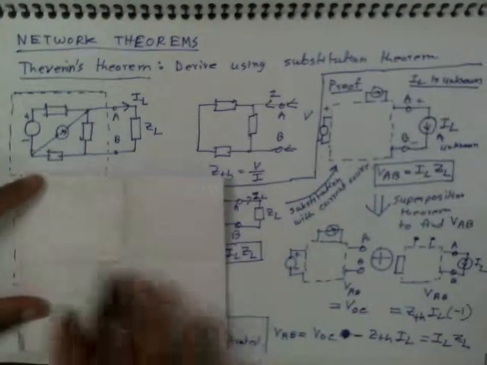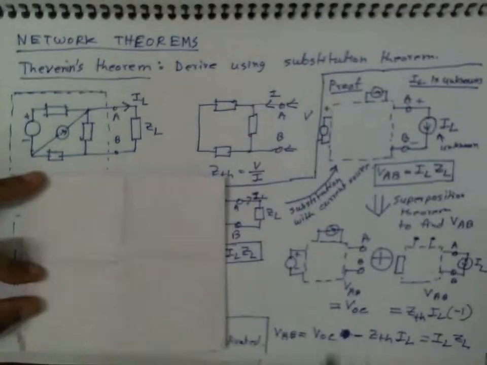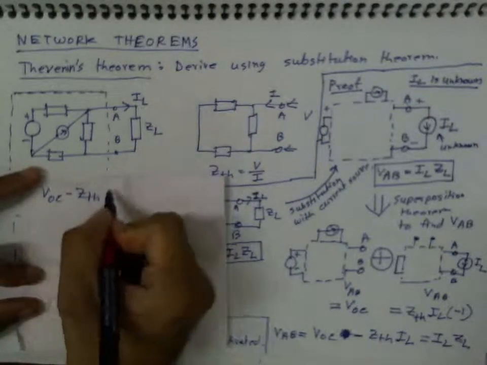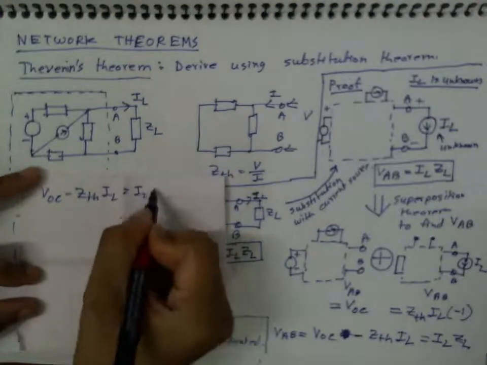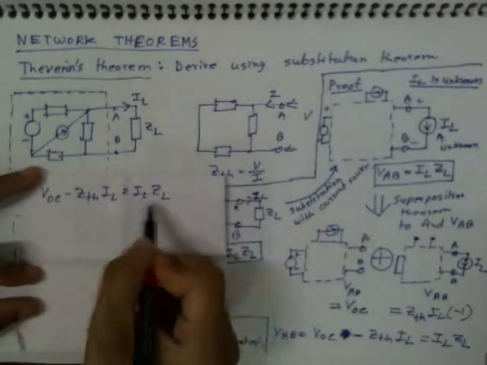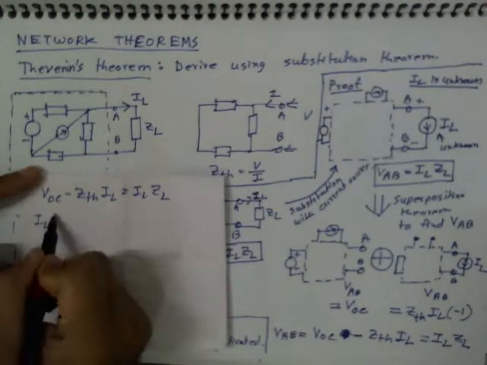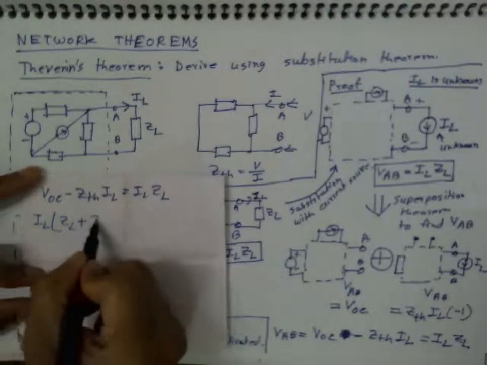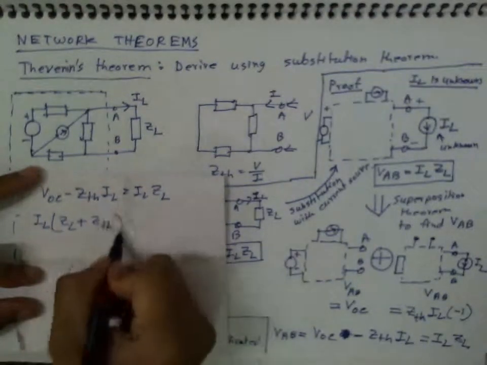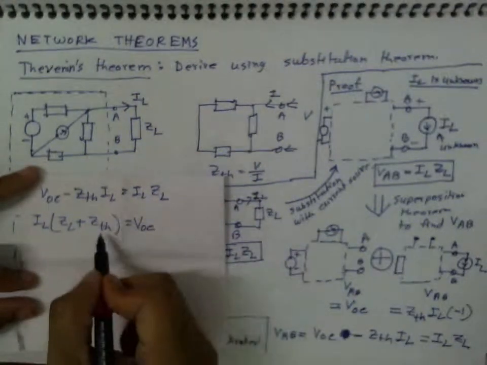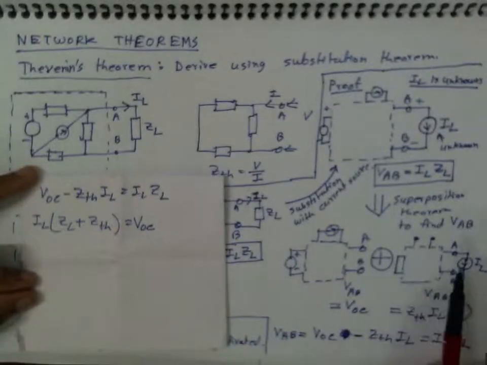Let me just continue my maths from here onwards. So here I have VOC minus Z Thevenin IL is equal to IL ZL. Right, now let me take IL on one side, so then I will have IL times ZL plus ZTH is equal to VOC, that's the open circuit voltage, and ZTH is by definition, as I said, the internal impedance as seen from these two terminals.